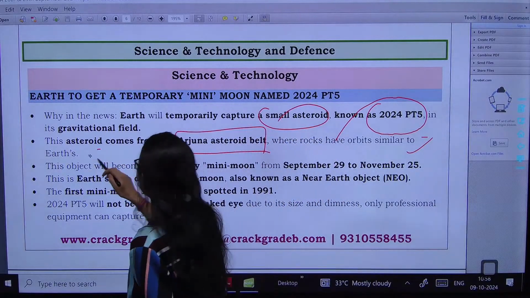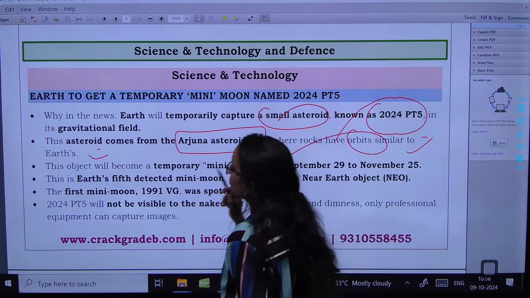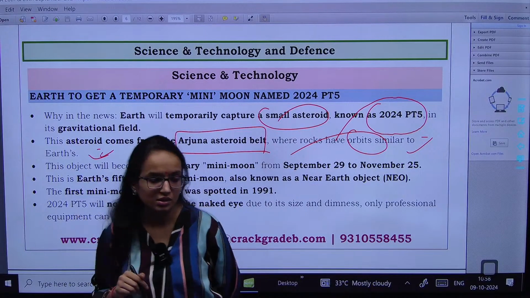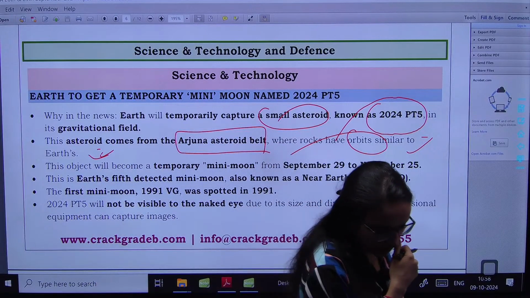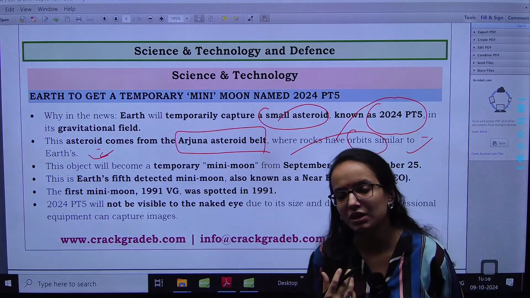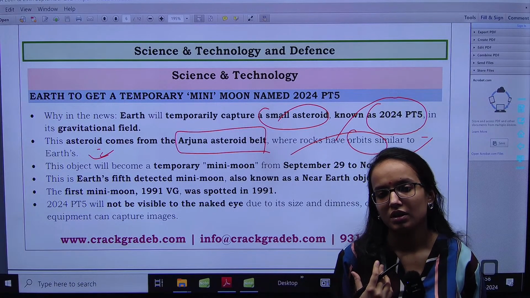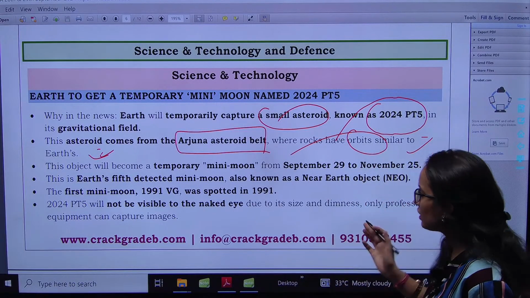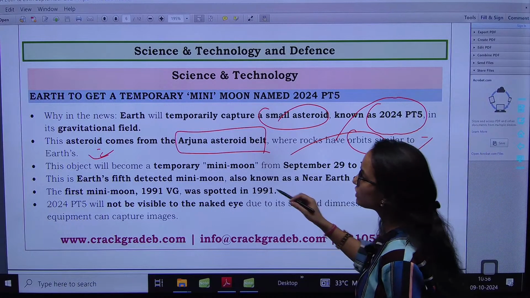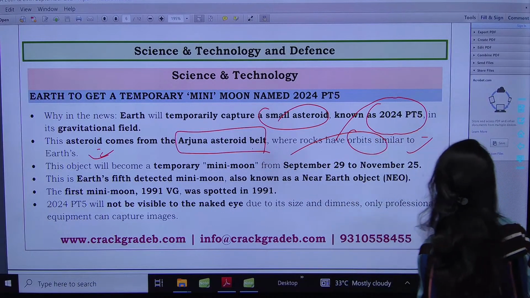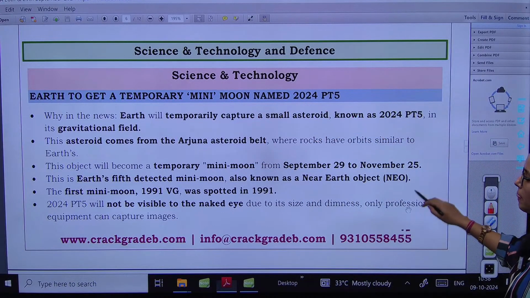Not the material, sorry, not the material, but orbits similar to the Earth's orbits. Just remember this, it is a part of the Arjuna asteroid belt and the name is 2024 PT5.